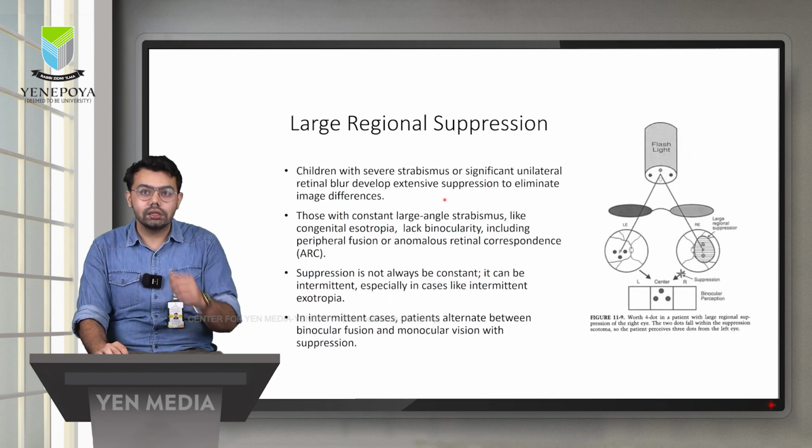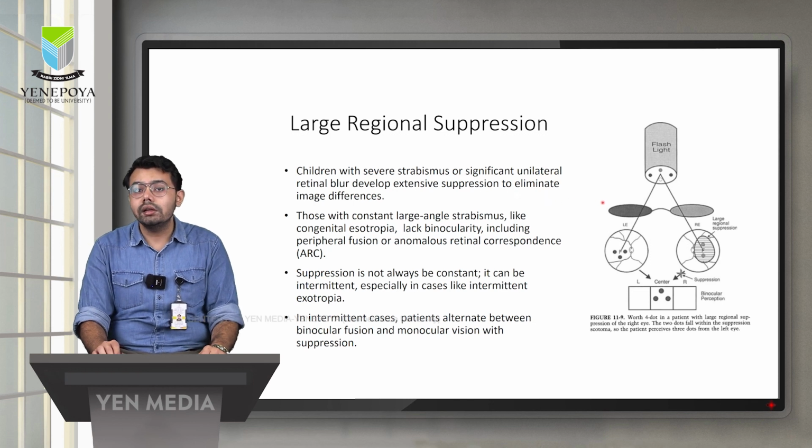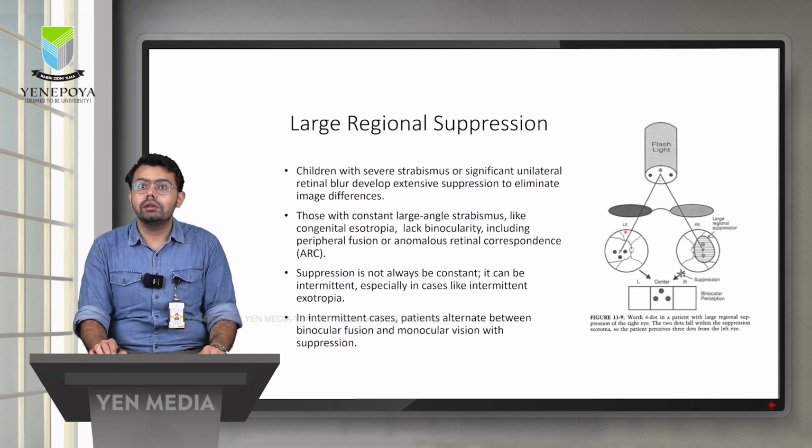Large regional suppression depends on when the stimulation for strabismus occurs, or when a cataract is there in that eye. In young adults more than 6 years of age, the image from that eye is blurred. For example, here the image from the right eye is blurred, so the patient gets to see an image only from the left eye because of the suppression.